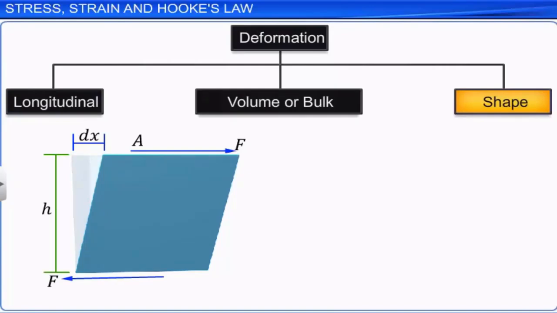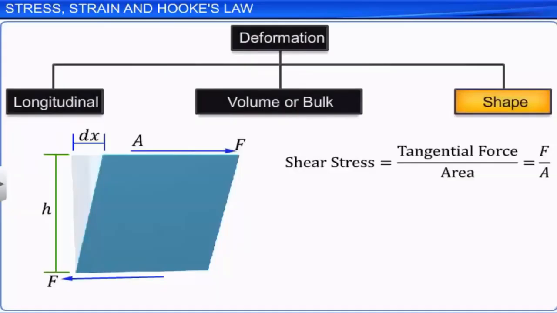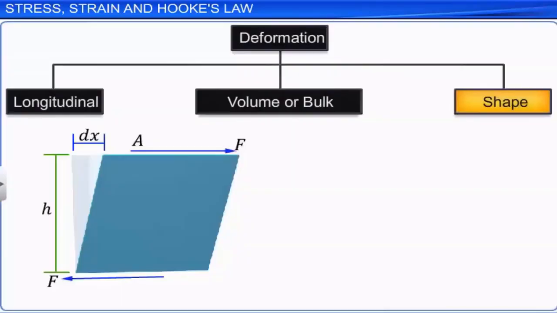If the vertical height between the two horizontal surfaces is h, then using the geometry of the right triangle, we get tan gamma equal to dx by h. For small angles, tan gamma is nearly equal to gamma, and hence, for practical purposes, we consider gamma equal to dx by h. This gamma is the shear strain of the material of the body and is expressed in radians.